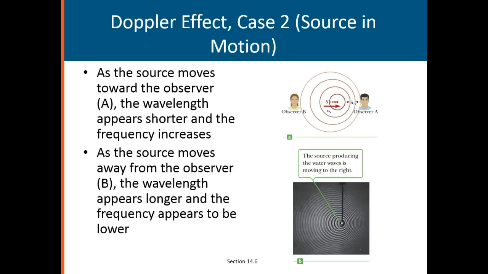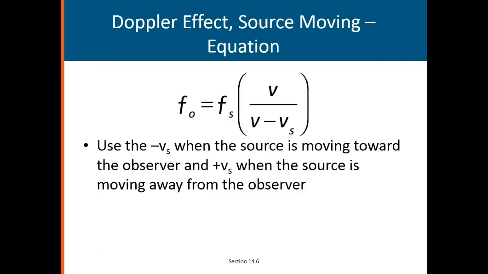Now, in this case, your frequency of the observer is the frequency of the sound, but the velocity of the wave is the wave velocity, and now you're subtracting v sub s here. Your numerator is larger, the denominator is smaller, meaning as the source is coming toward the observer, the frequency goes up.